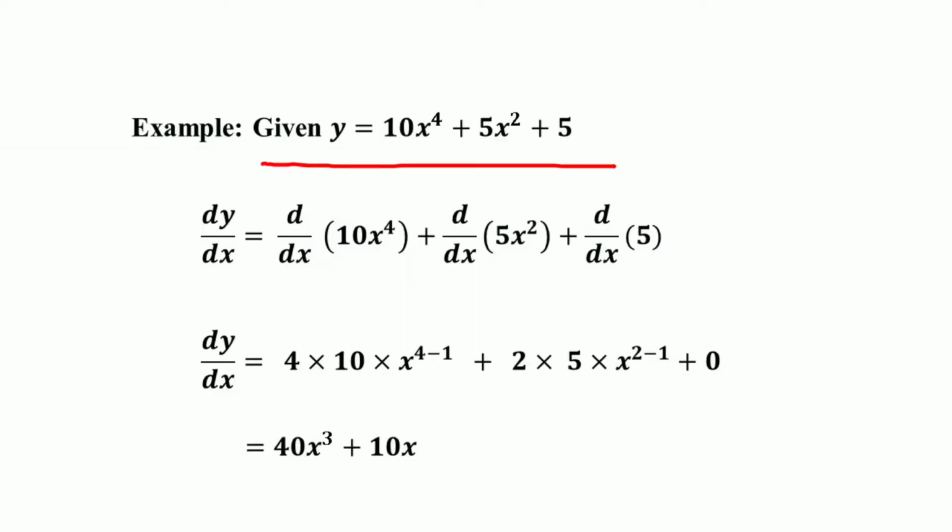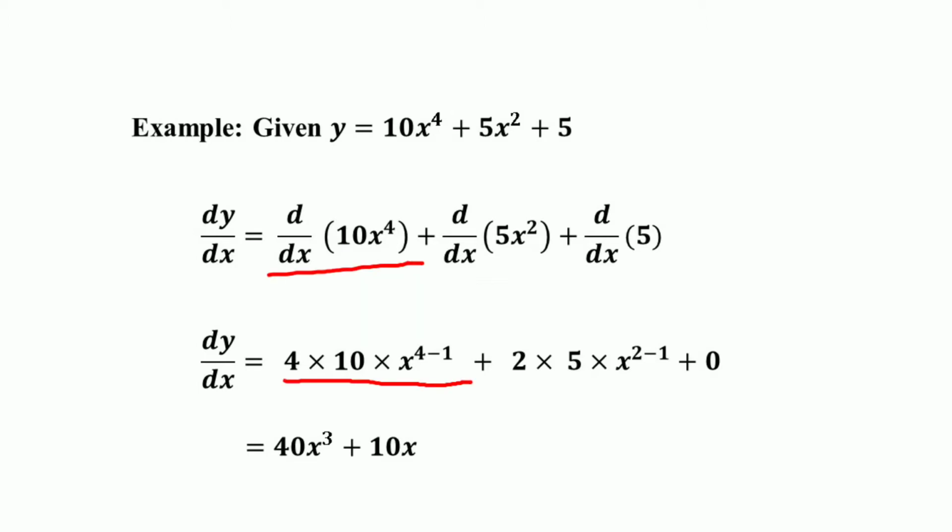For example, given y is equal to 10x raised to the power 4 plus 5x square plus 5, the derivative of this given function d/dx is equal to d/dx of 10x raised to the power 4 plus d/dx of 5x square plus d/dx of 5.